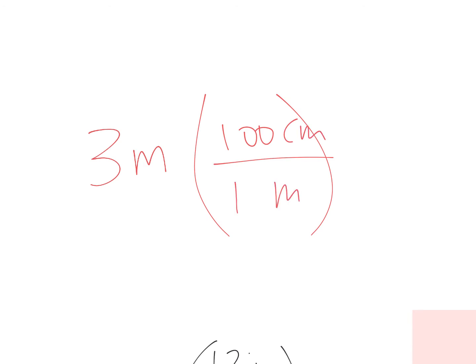And some of you are like, yeah, I know that there's 100 centimeters in each meter. So I can do the conversion. Okay, but let's do it this way. 100 centimeters, 1 meter. Watch how cool this is. Cancels. 3 times 100 is 300 centimeters.